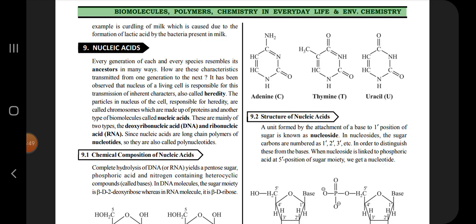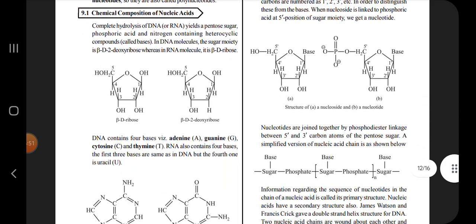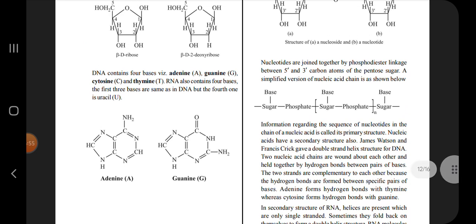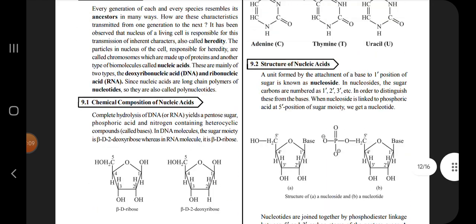Chemical composition of DNA: it consists of adenine, guanine, cytosine, and thymine. RNA consists of 4 bases, where the first 3 bases are the same as in DNA, but the fourth one is uracil.